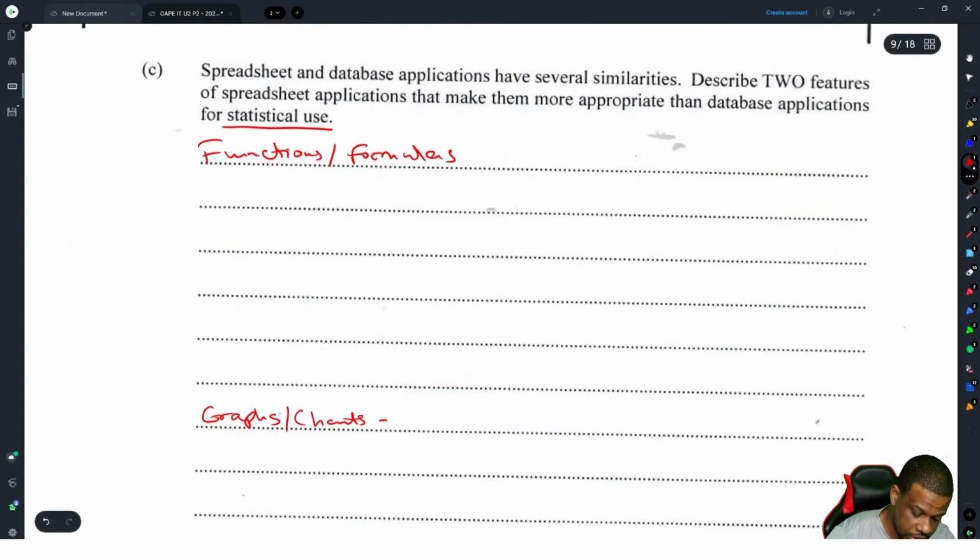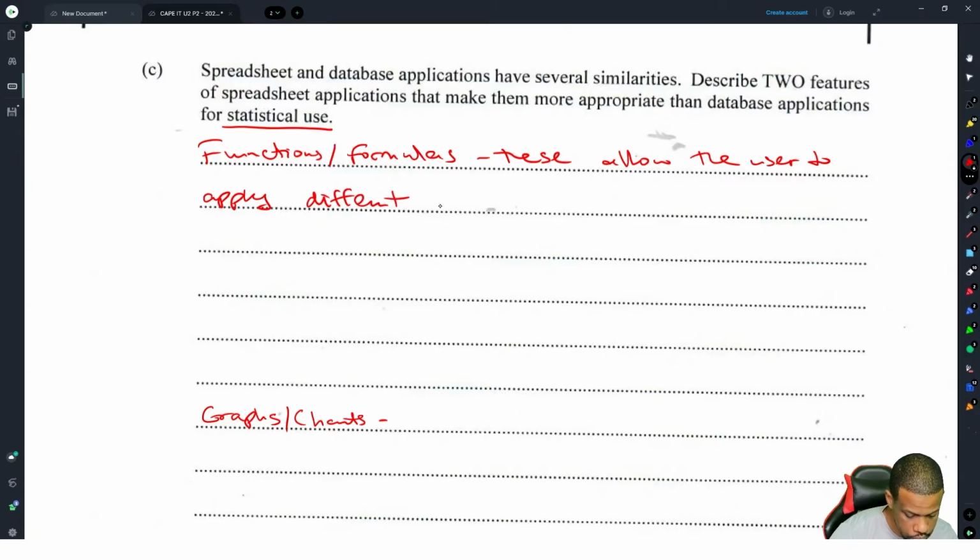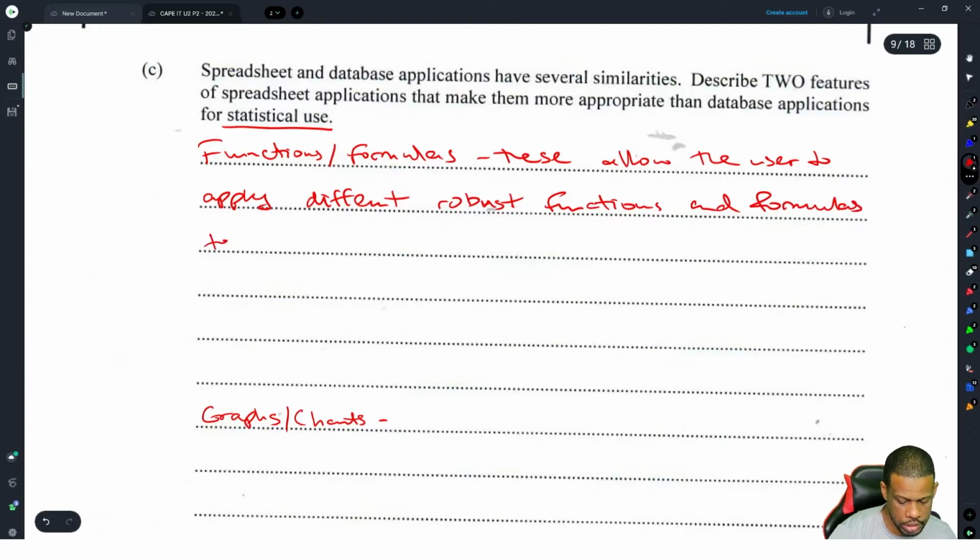Functions and formulas allow the user to apply different robust functions and formulas to the data.